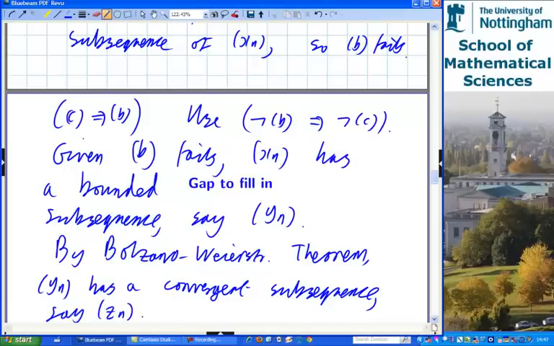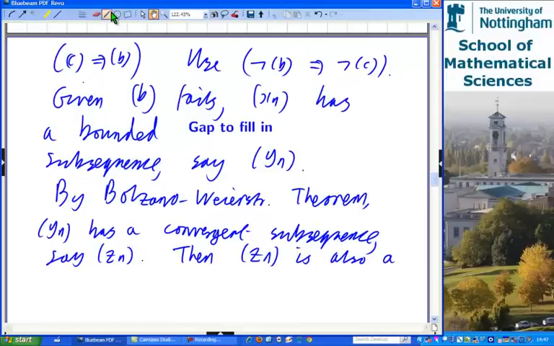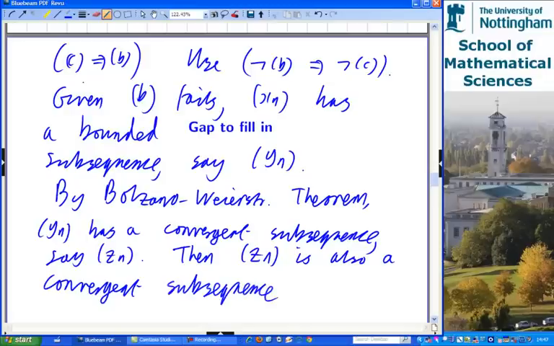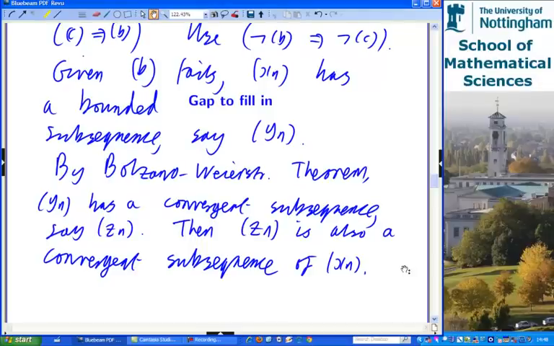But now zn is a subsequence of yn and yn is a subsequence of xn. So zn is also a subsequence of xn. So C fails. It does have a convergent subsequence. And we have now actually finished.